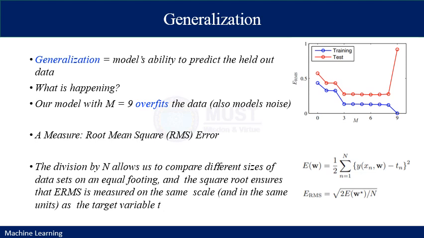So what is happening here, if you picked from the previous slide a model with the degree of 9 which overfits the data, and it also models the noise, that means it captures the noise as well as the correct training examples. As you can see, we have error plotted here with respect to the degree of the polynomial.